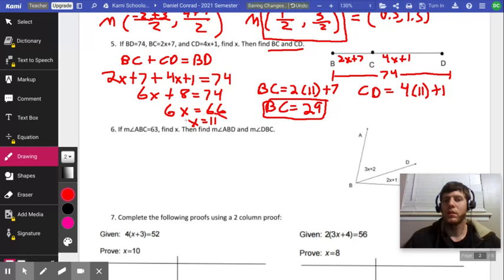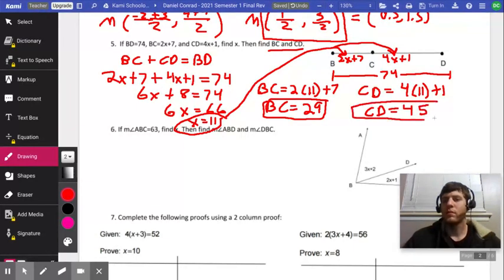So that's going to be 45. 44 plus 1 is 45. Okay, and if we wanted to check our answers, 29 plus 45 is going to be 74. So we know we did our answers right.